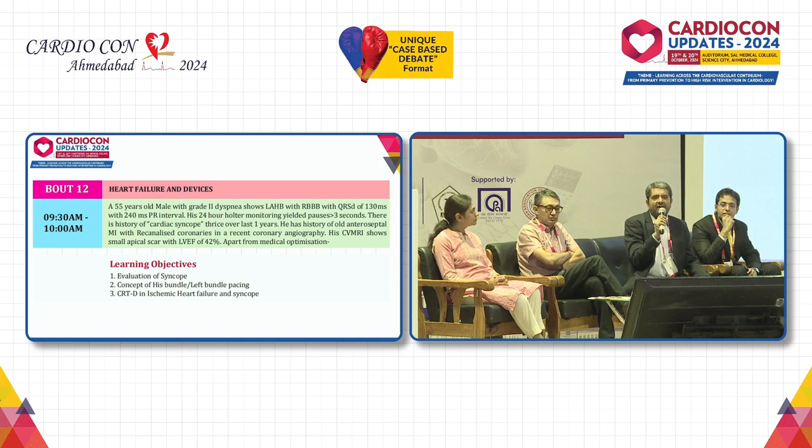He had a history of cardiac syncope at least thrice over the last 1 year. He has a history of an old anteroseptal myocardial infarction with recanalized coronaries on angiography, and his cardiovascular MRI showed a typical small apical scar with an LV ejection fraction of 42%.